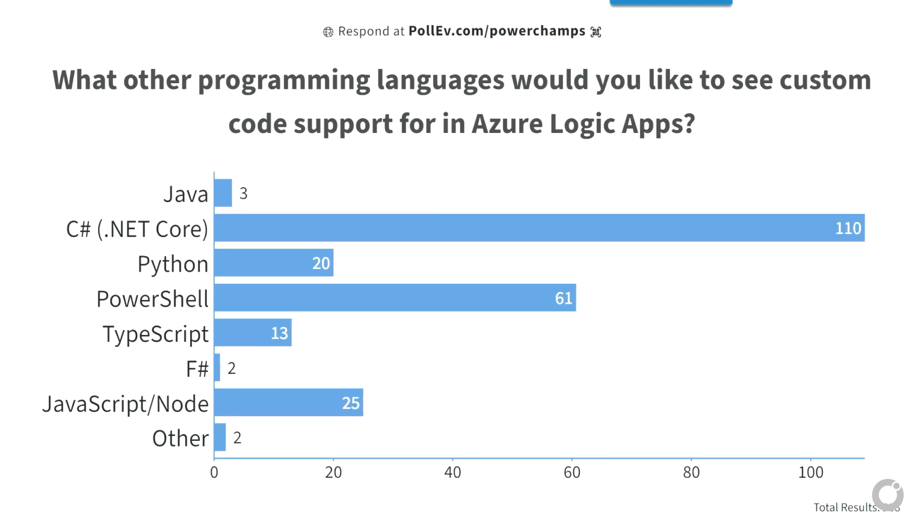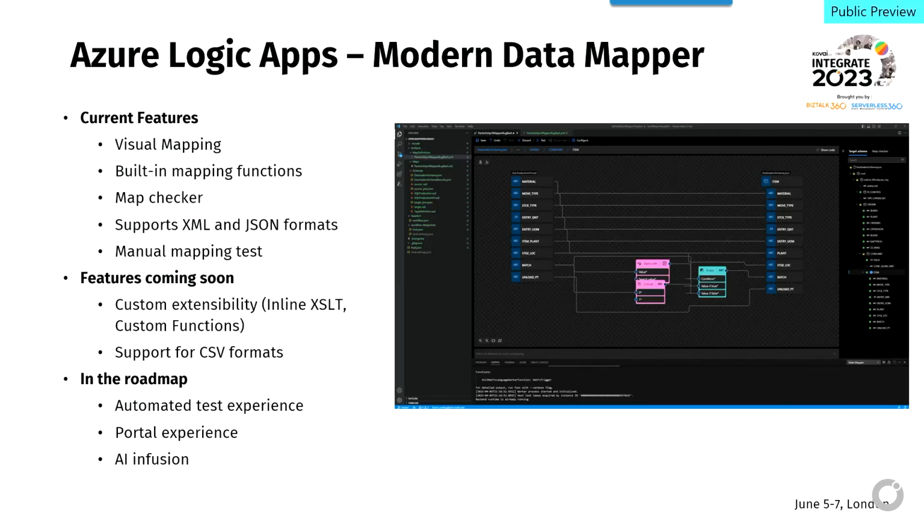So the next item on the list is the data mapper that we saw yesterday, right? The idea of that is a visual mapping tool that allows us to build those mappings that traditionally we would be doing with BizTalk, and you're now able to do that from scratch on Logic Apps.